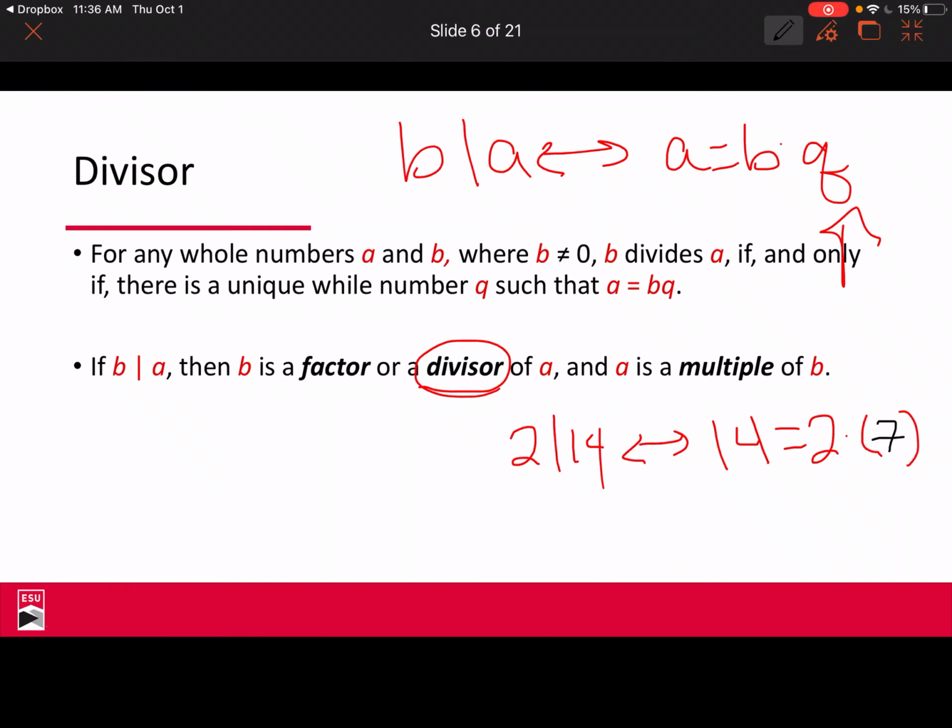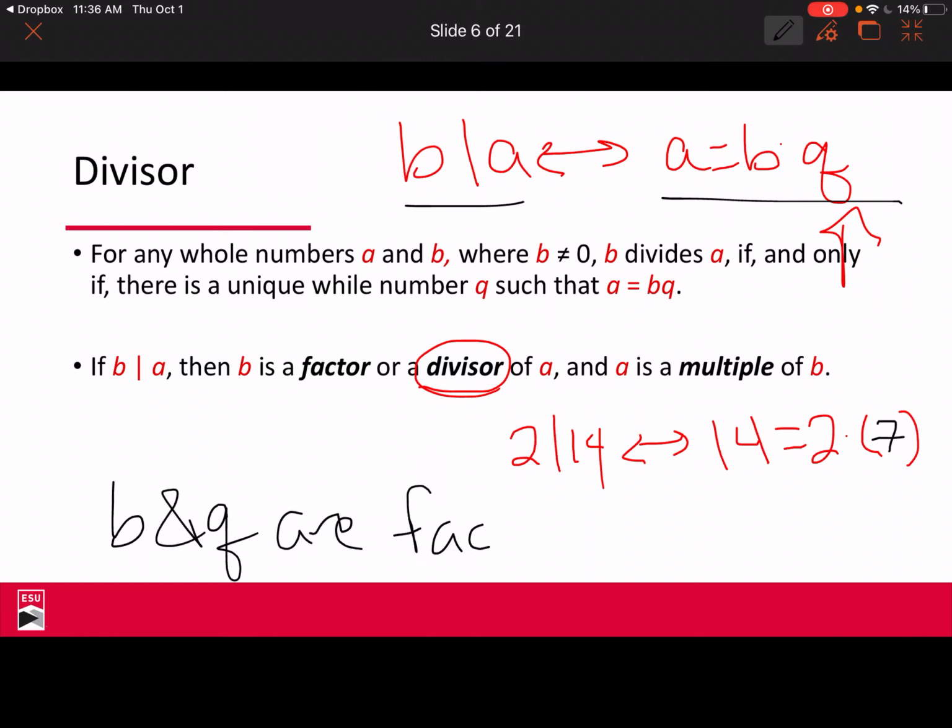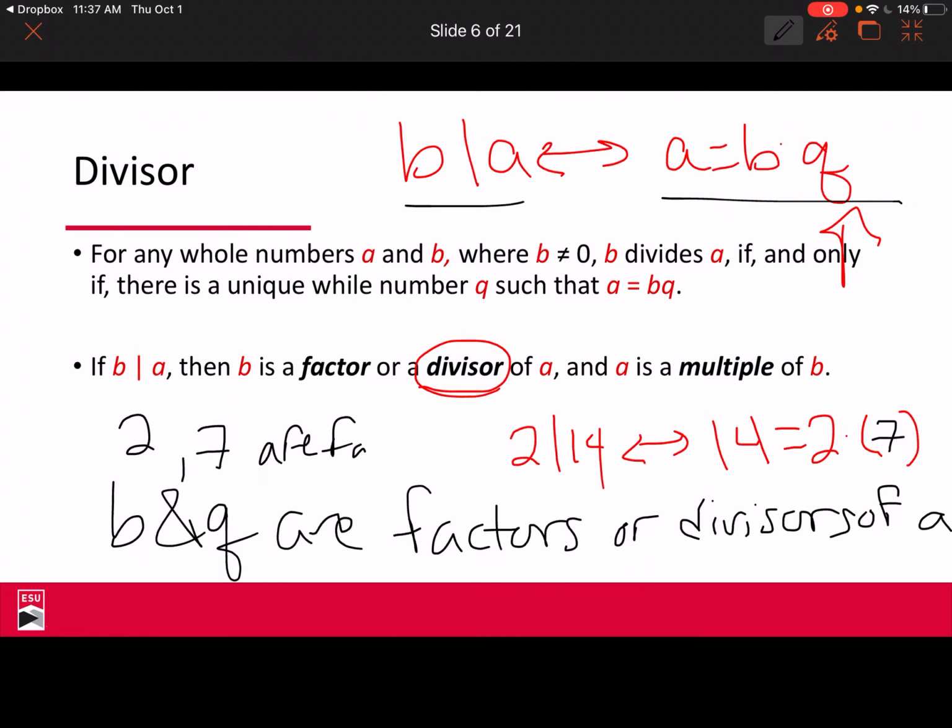All that's saying is if b divides a, then we can write a equals b times some number, and we call both of those numbers, b and q, factors or divisors. So 2 and 7 are factors or divisors of 14.